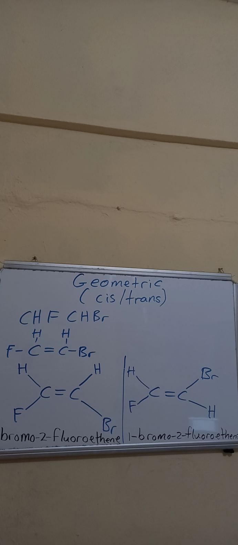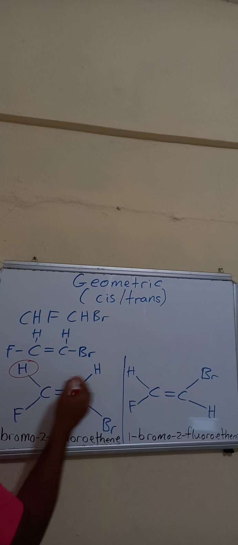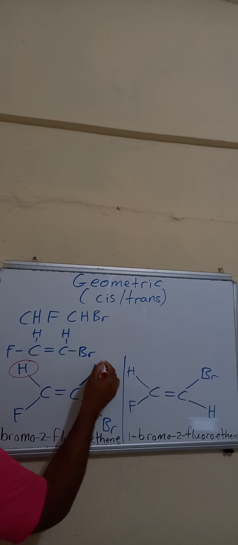So how are they isomers if the name is the same? Remember, the name is the same because the atoms are connected in the same way. However, the reason why they are isomers is that their spatial arrangement is different. In this compound, the two hydrogens are on the same side, but in this compound, the two hydrogens are on opposite sides.